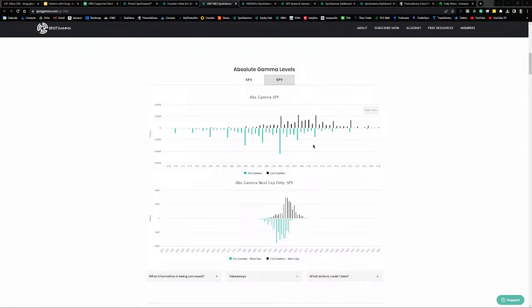And I guess moving below 400, we would expect the market maker hedging flow to potentially accelerate as these puts go in the money. All right, so that's SPX and SPY. Those are the levels and an explanation of what they are.